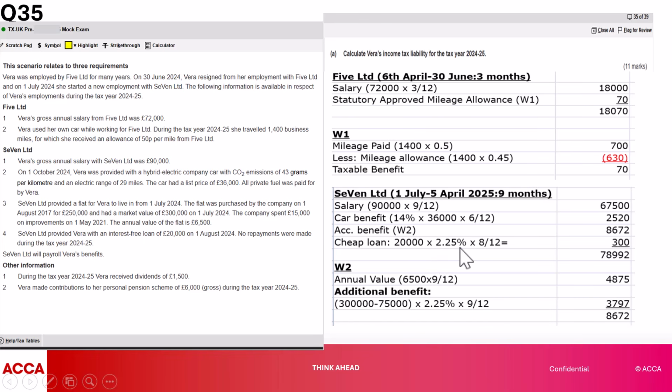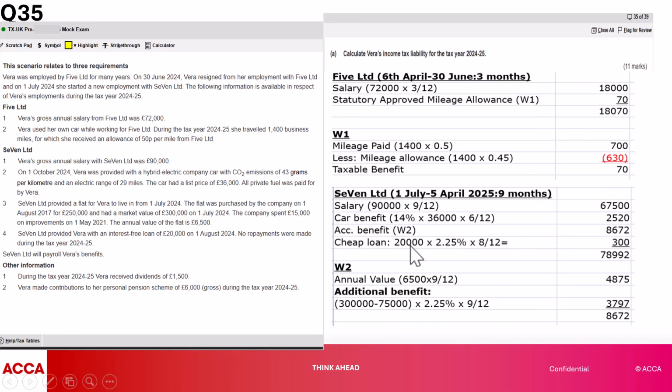She gets an advantage of enjoying a cheaper loan, because she's going to pay at zero interest, while probably everyone else is paying at 2.25%. Anyone who is taking a normal loan could pay at 2.25%. So you see, for her, there's a benefit there because it's like an advantage she has. She can enjoy the cheap loan.